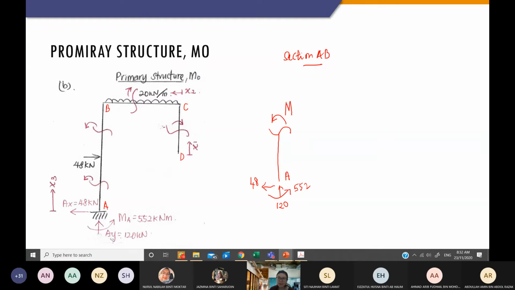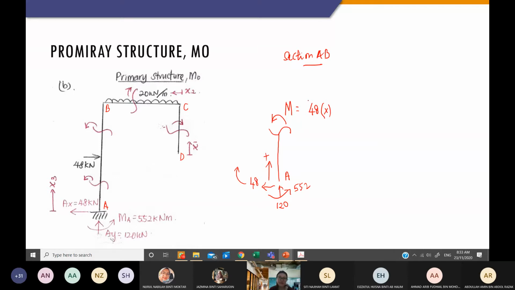To get this moment, I need to consider the forces acting at my section, with my X starting from A. I can see that only 48 and 552 will contribute to my moment here. The first one, I look at the 48 AX, and the distance to the cut section is X. If you look at this 48, the applied moment will be acting clockwise, while my internal is acting counterclockwise.